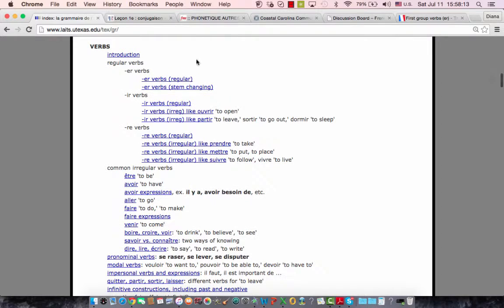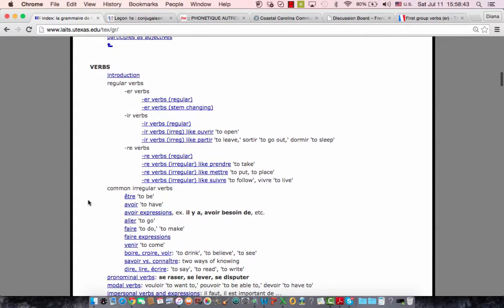First group verbs ending in ER, second group verbs in IR, third group verbs in RE, and those being regular verbs, and then we have irregular verbs. Commonly, you'll have the auxiliary verbs in the irregular verb list, but other verbs as well. Let's focus today on the first group verbs.